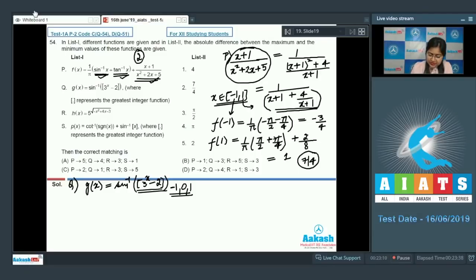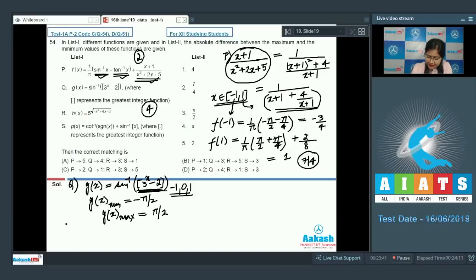So its minimum value will be obtained when this greatest integer part is equal to minus 1, that is sine inverse minus 1, that is minus pi by 2, and we will obtain its maximum value when it is equal to 1, that is sine inverse 1, that is pi by 2. So its difference will be equal to pi, which means that from the options, option number 4 is the correct answer.